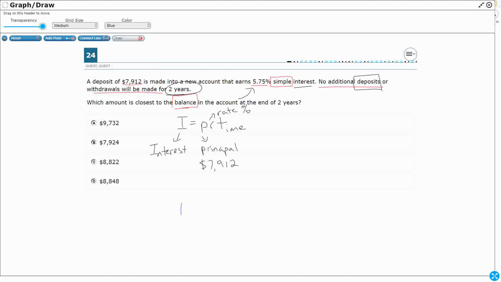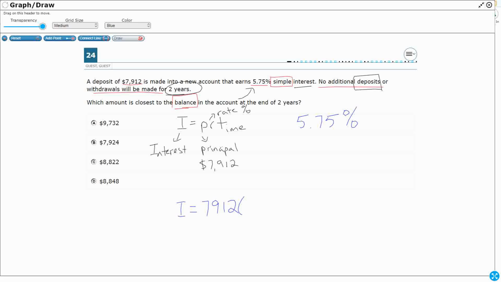So the I equals, what's my principal? $7,912. What's my rate? It's going to be the 5.75%, but I'm not going to really multiply that as a percent. I need to change that into a decimal. Remember, these are percents, right?